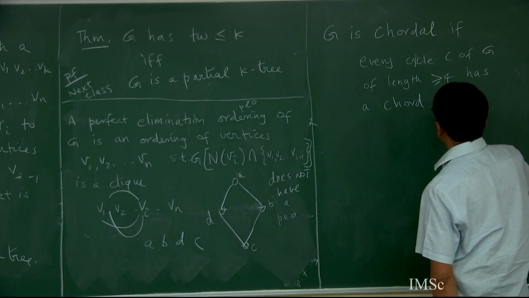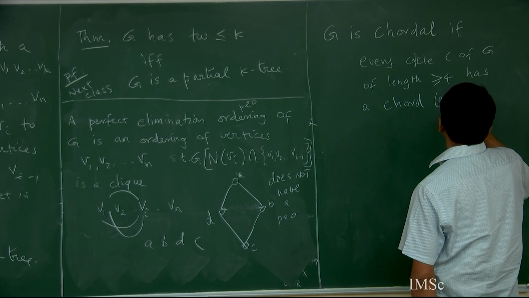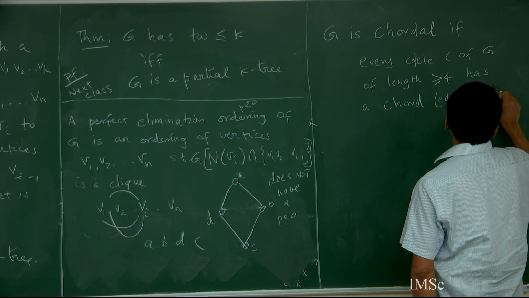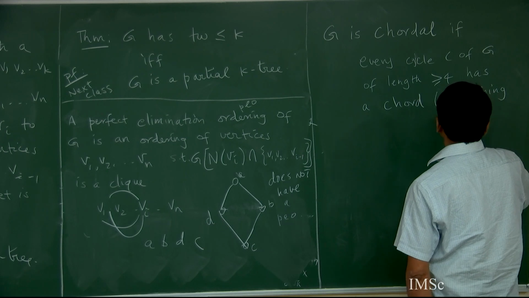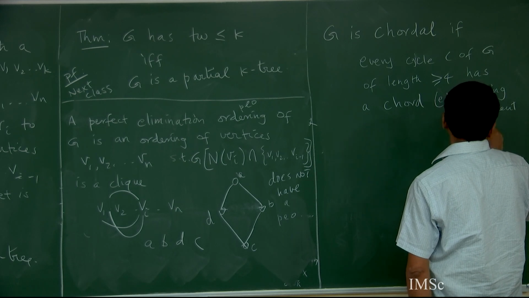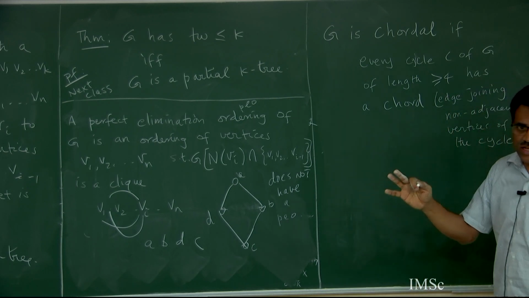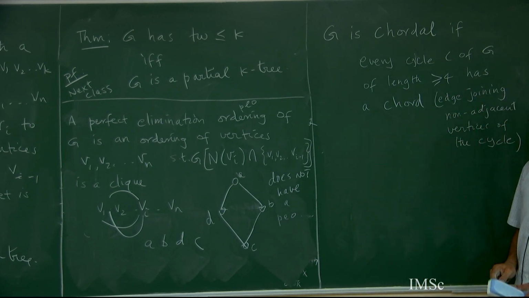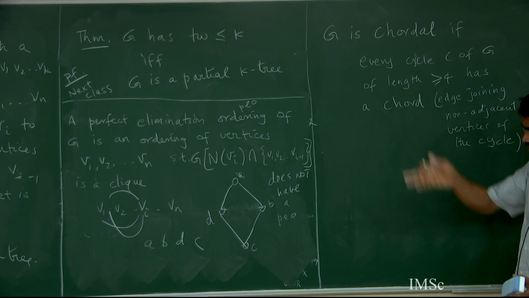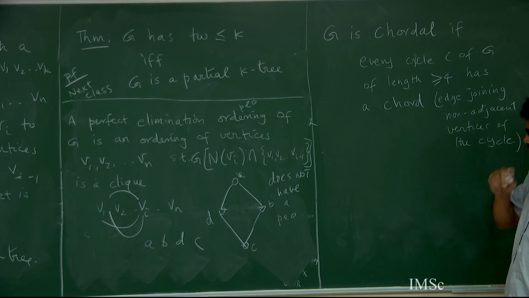Chord means an edge joining non-adjacent vertices of the cycle. So basically you do not have a large induced cycle. If you have any large cycle, there must be some edge between two non-adjacent vertices.